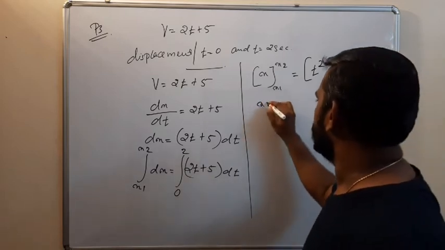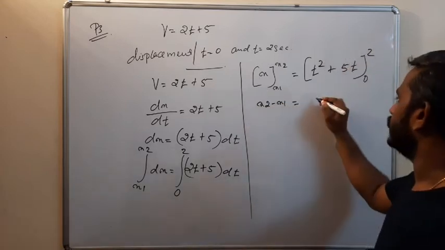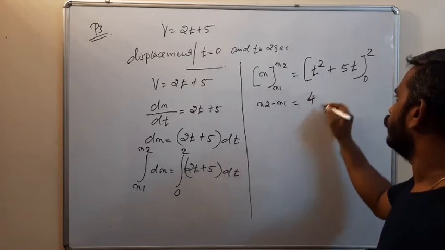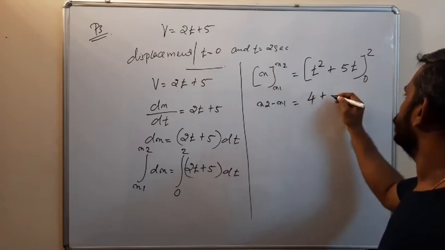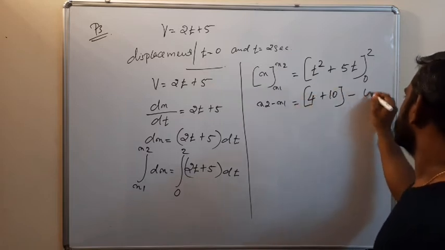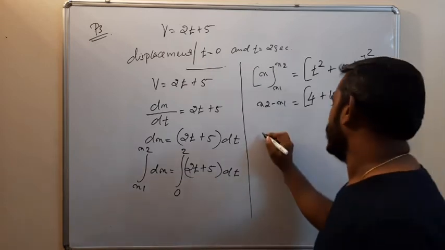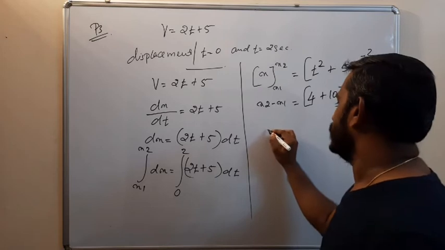So here x2 minus x1 is equal to, apply the limit. Upper limit, t square, that is 4, plus 5 into 2, that is 10, minus 0 for the lower limit. So x2 minus x1, that is the displacement.